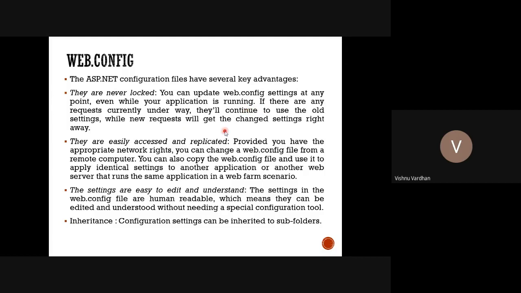Otherwise, the alternative is, if you have written that information in the code file, you have to take down your application, you have to stop that, and you have to recompile with your new settings. Then again, after compilation, you have to deploy. Then only your service is running for the users. So in that way, you will be getting a few hours of disruption of your website.